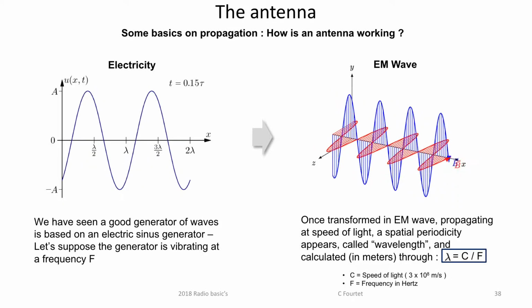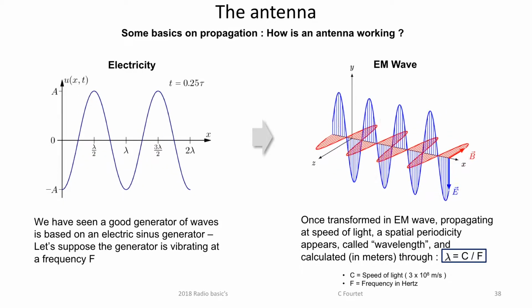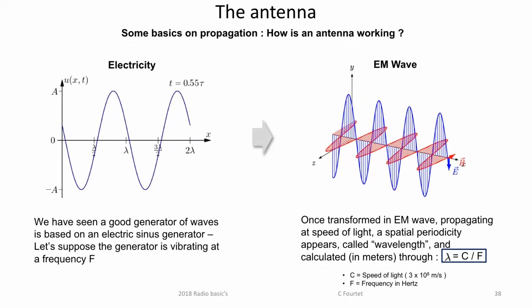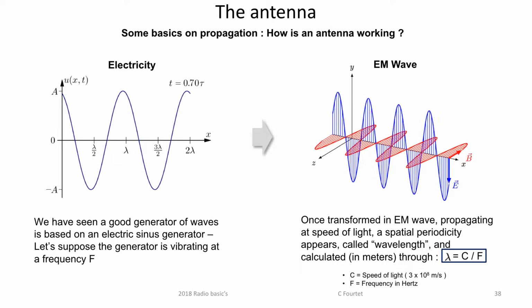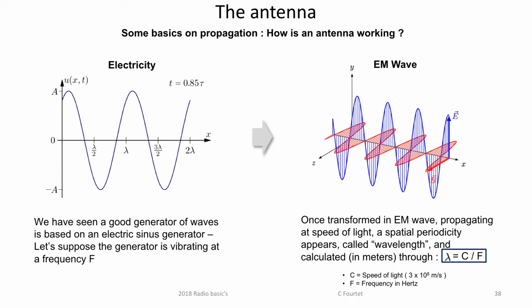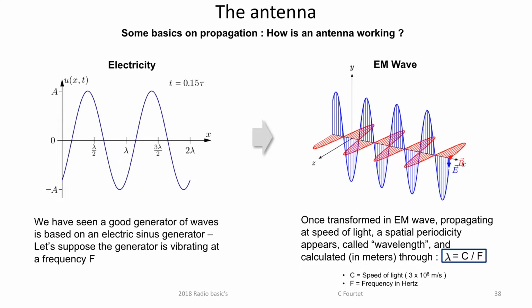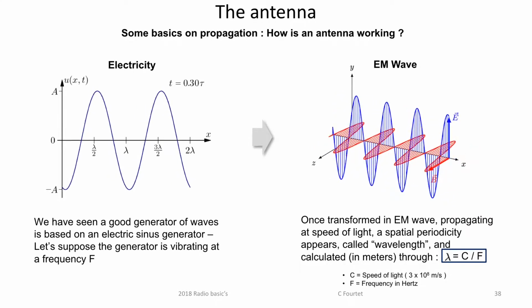So, going back to some very basic of propagation. Because you have a propagation and because it has been created by a somehow sinusoidal electrical generator, so I cannot use the antenna now.